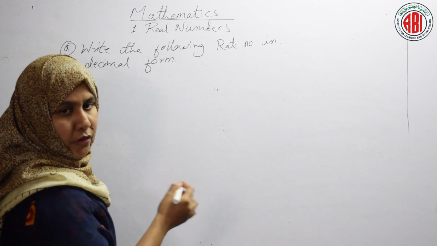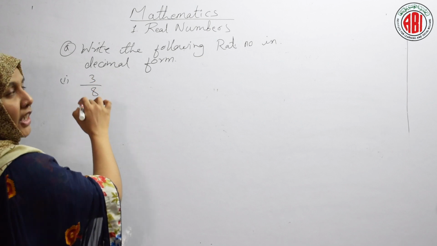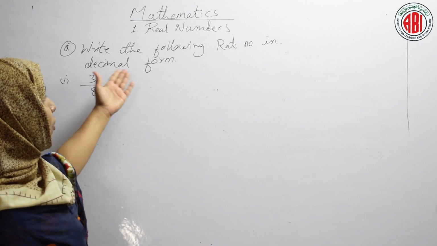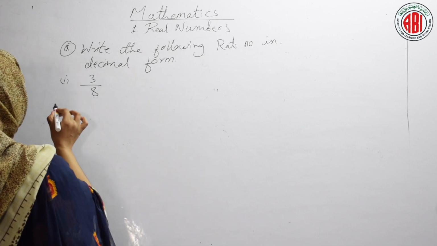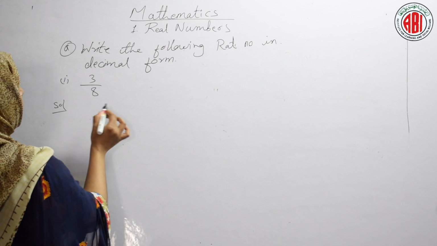Okay, the question is, first one we will do 3 by 8. 3 by 8 is a rational number. Solve this and get it in decimal form. How to do this? As we all know, we can divide this and we will get the answer.